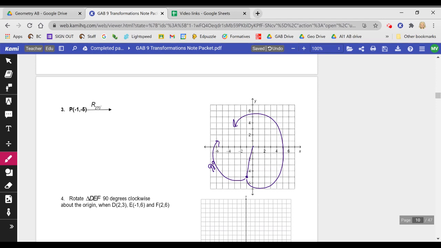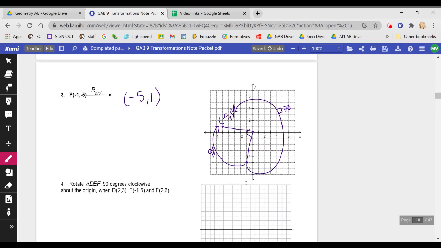So the perpendicular slope would be negative 1, 5. So that puts me here, which creates a right angle here, which means this way is 270. So our new coordinate is -5, 1. And you can see that it still follows that rule.